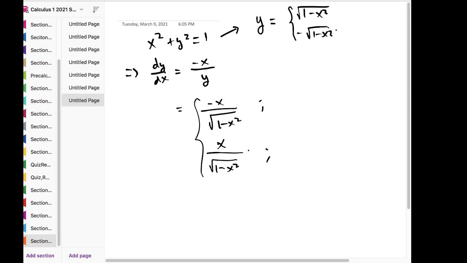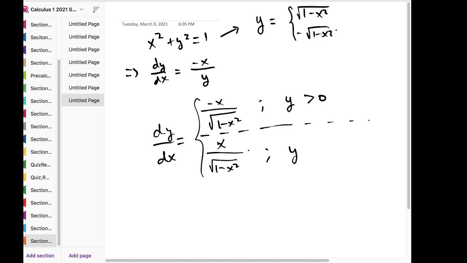Where is this true? For what y values is this true? Let's do the first one here.